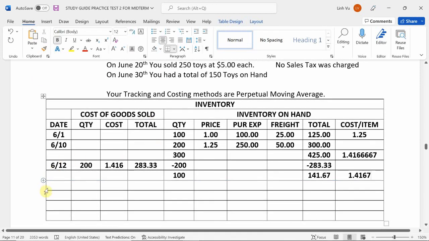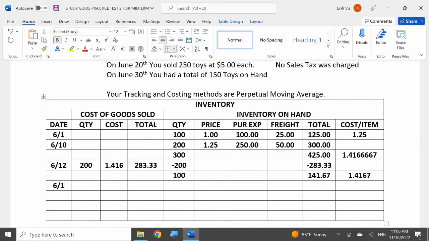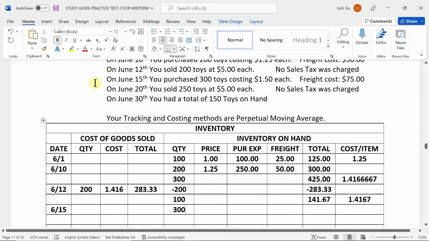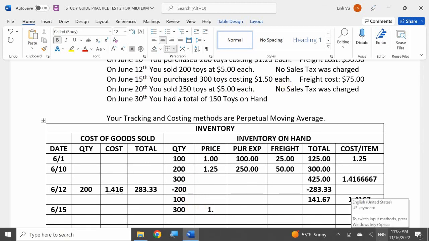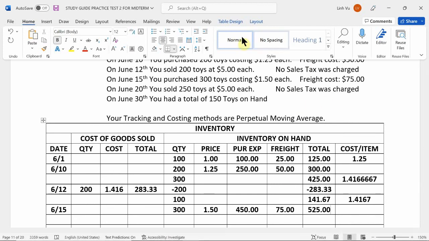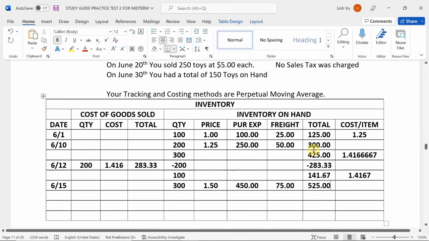Then we end up making a purchase on the 15th for 300 units. June 15, you purchased 300 units at $1.50 plus a freight of 75, so 150 will give you 450 plus 75 should give you 525. Okay?